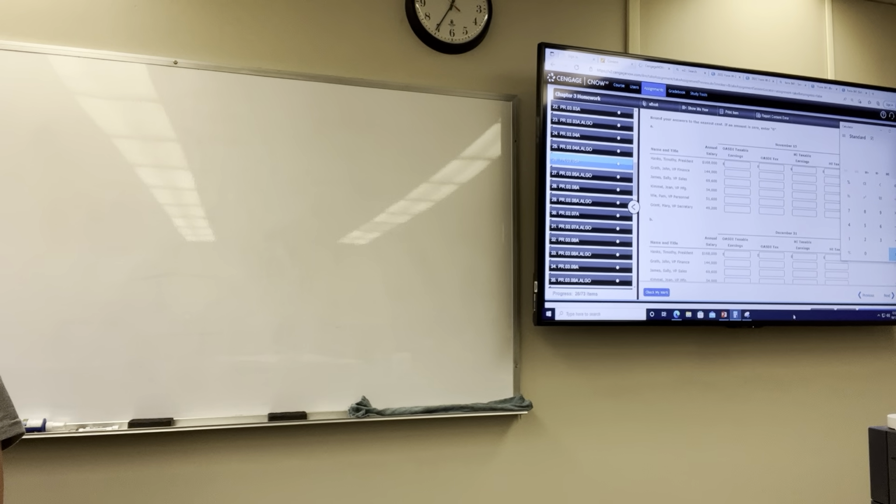So we need to figure out how much he's made up to this point. 168 is his total salary. They're paid semi-monthly, so how many pays per year is that? 24. So he makes $7,000 per pay.